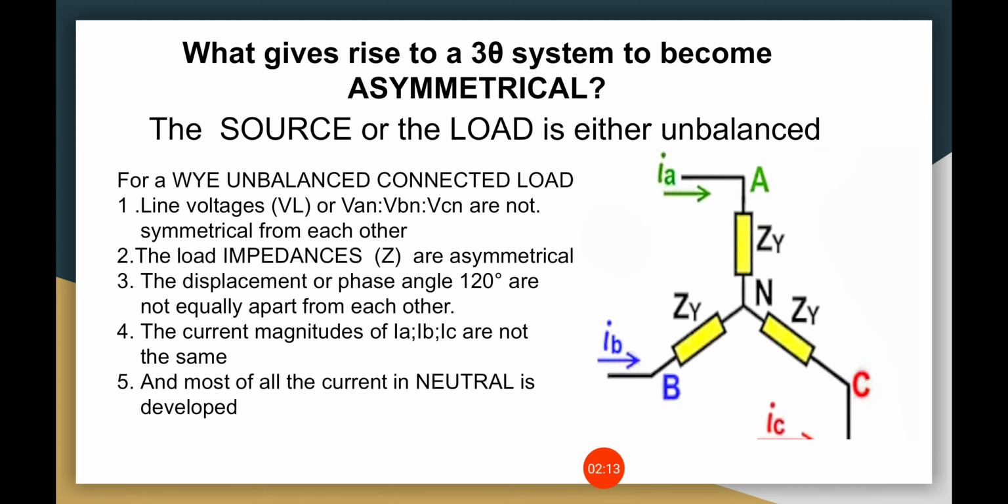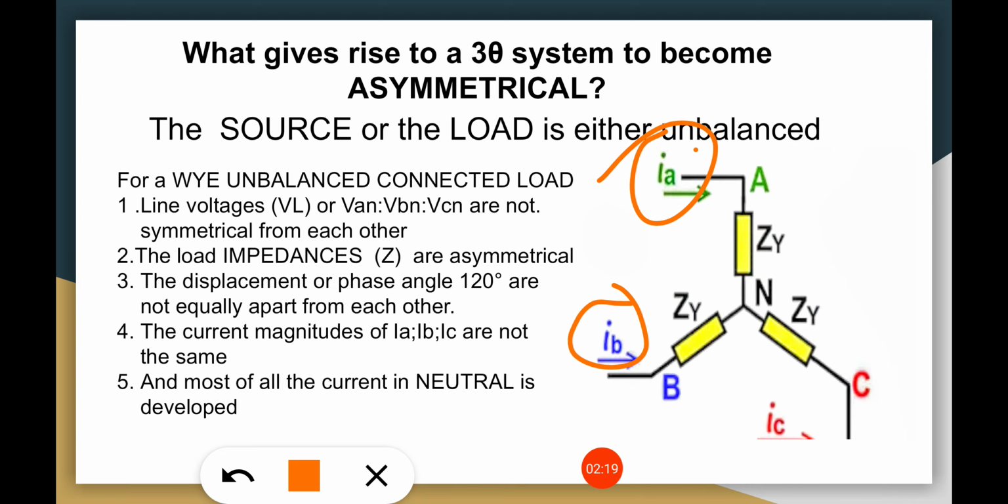Also the current magnitudes of IA, IB and IC are not the same, unlike with the balanced load. And most of all, the current in the neutral is not zero.